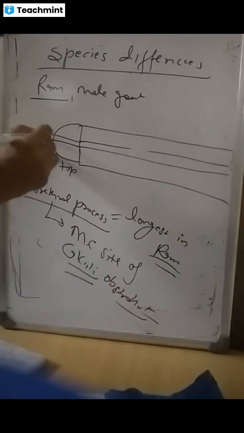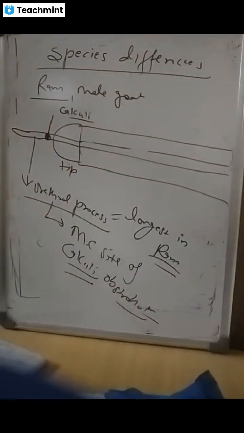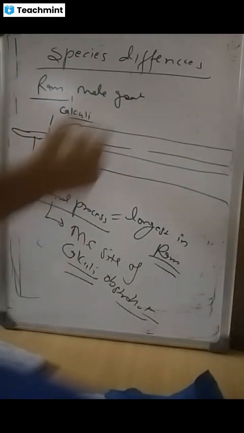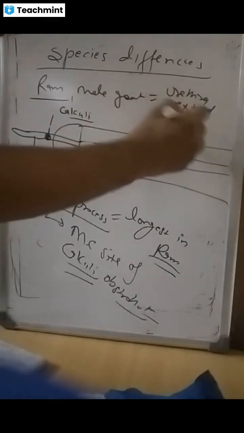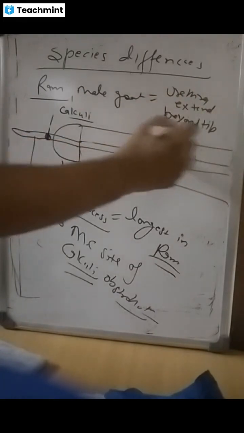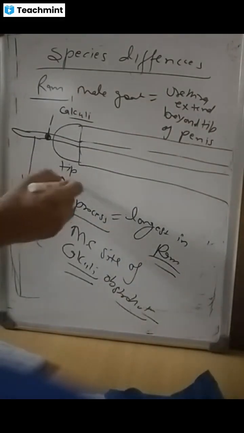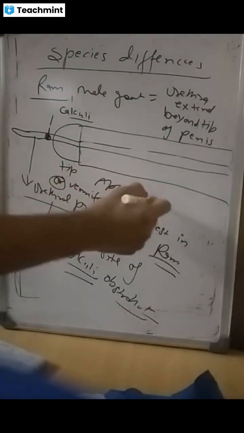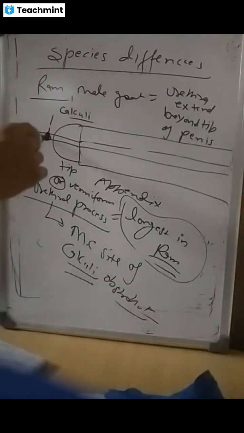This is the point blocked by the base of the urethral process. The urethra extends beyond the tip of the penis. It is also known as vermiform appendix. It is longest in case of ram and the most common site of calculi deposition.